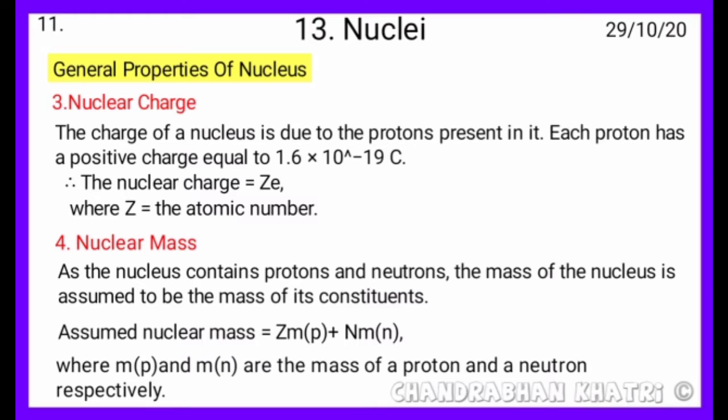Fourth point, nuclear mass. As the nucleus contains protons and neutrons, the mass of nucleus is assumed to be the mass of its constituents. Assumed nuclear mass is equal to Z Mp plus N Mn, where Mp and Mn are the mass of proton and mass of neutron respectively.